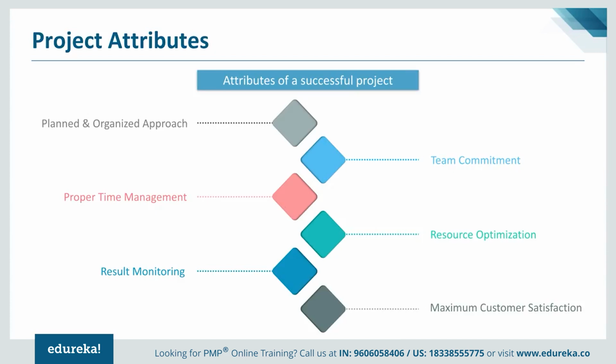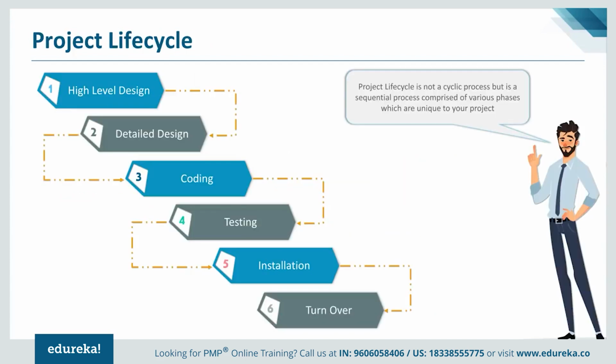The handover is done to the operations team, the team who is actually going to manage your product or service or result. So all these things have been taken care of. That means you can look at some of these attributes of a successful project in the project that you worked upon. So moving from here to the next important part.